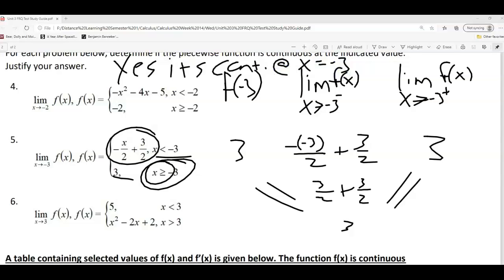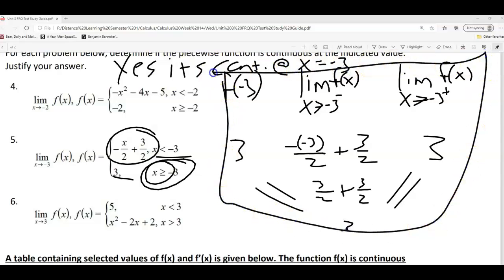And once again, this could count as your reason, but it would probably be better and safer to include that plus an additional explanation where you say, since f of -3 is equal to the limit of the function as x approaches -3.